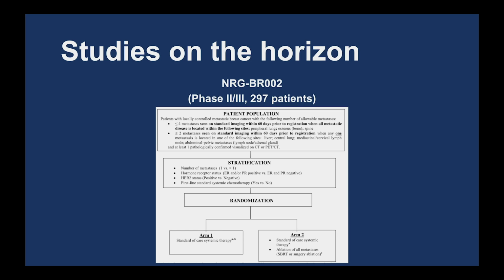So this is a national trial enrolling patients with locally controlled metastatic breast cancer with oligometastatic cancer. And it's actually accrued through the phase 2 component, which is the first part of the study, which is looking at whether or not the addition of the use of SBRT improves progression-free survival.